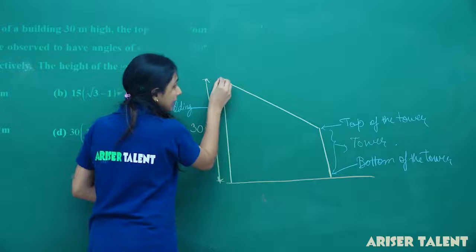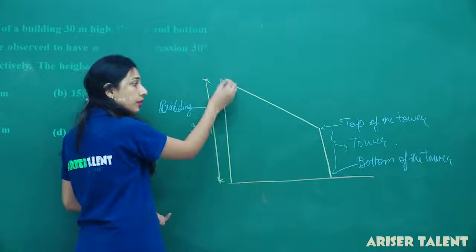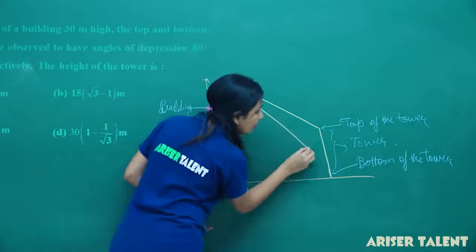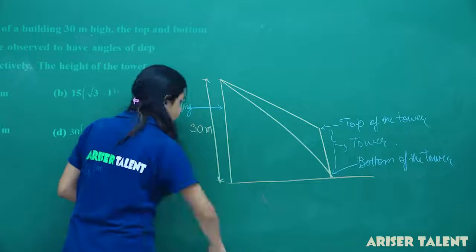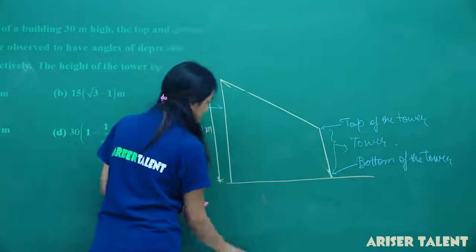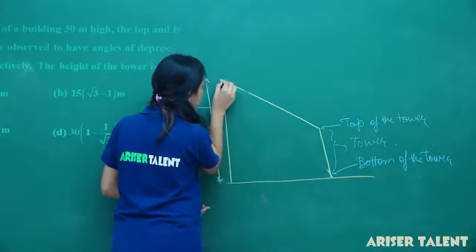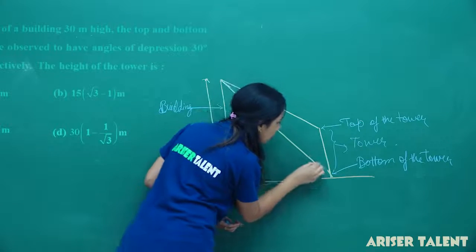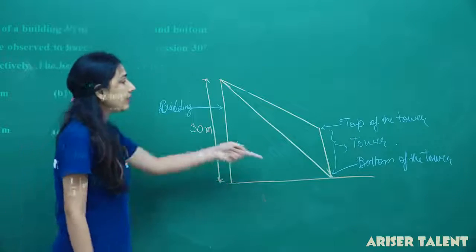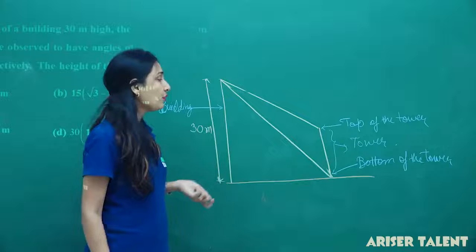Now, this top and this bottom. So, the angle of depression will be like this. Angle of depression. Like you are standing here at the top of the building and you are sighting the bottom of the tower.